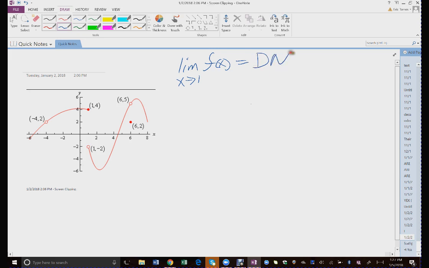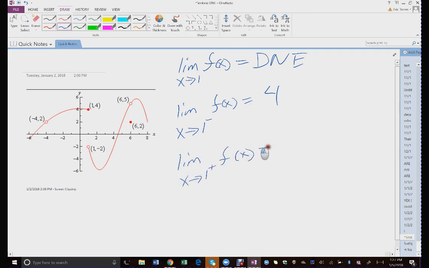It does not exist because the limit from the left is 4 and the limit from the right is -2, and they have to be the same for the limit to exist.